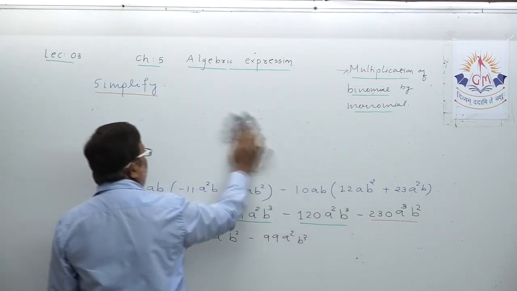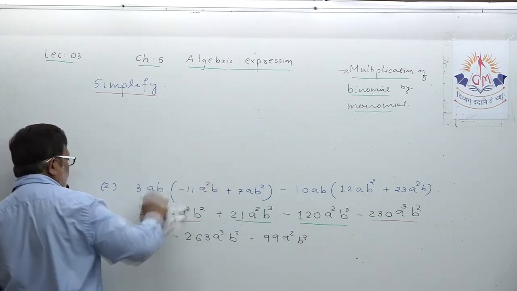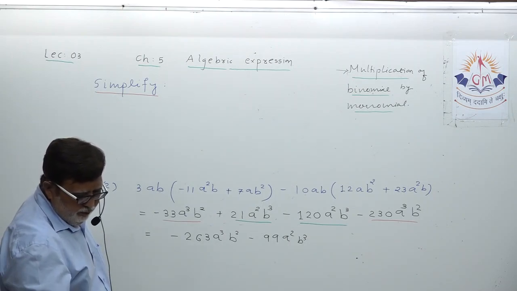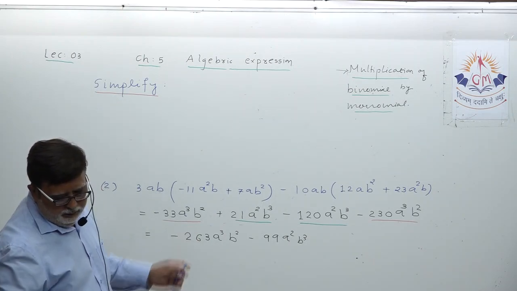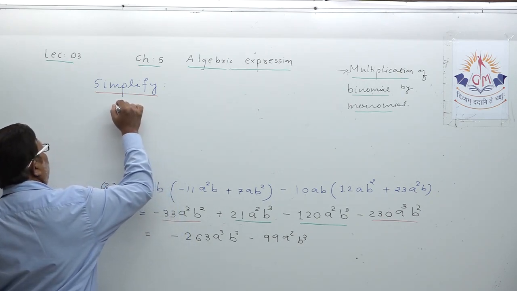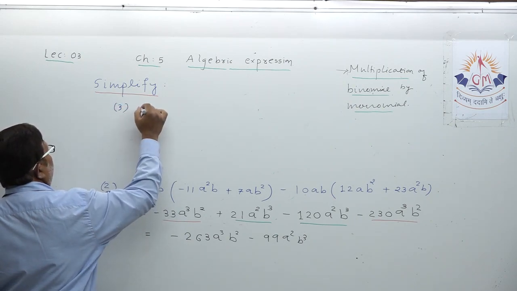I am just erasing this from here and writing one more example. Then I will erase the second example from here, okay? So this is like this. Third one in simplification, okay?